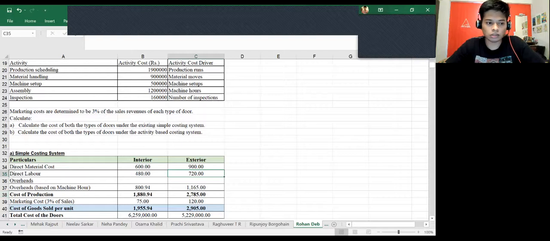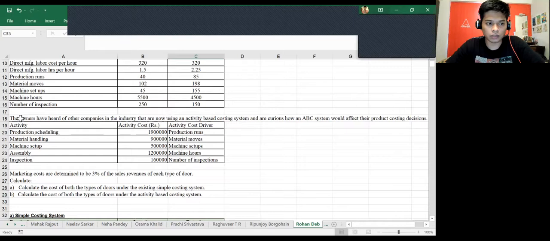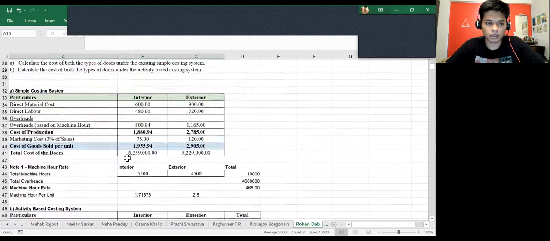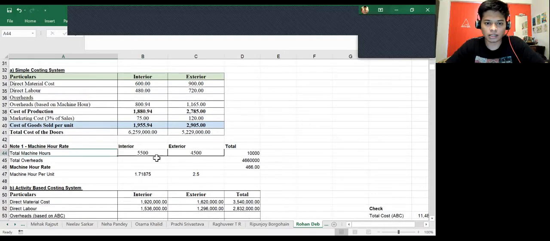Next is overhead. Now the overhead is calculated on the basis of machine hours, which is given over here: 5500 and 4500. I've written a note that I have to find out the total machine hours.